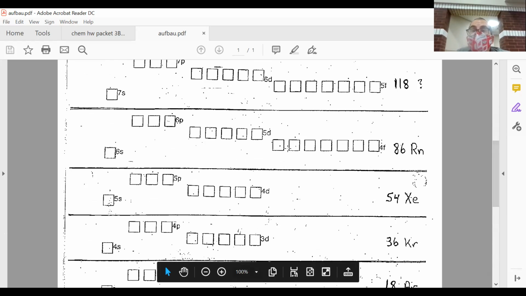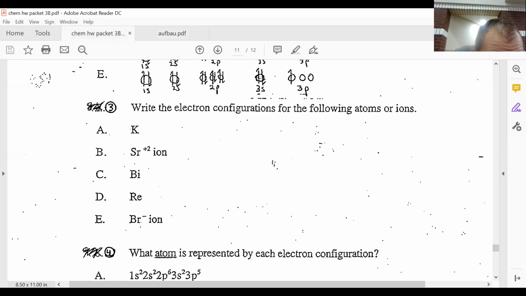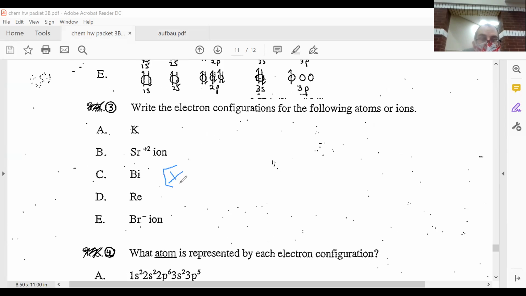So I go back, I'm going to find this thing here. And I'm going to write right here, xenon. So for the bismuth, I'm going to write xenon. And that's the first 5 shells that we're covering.